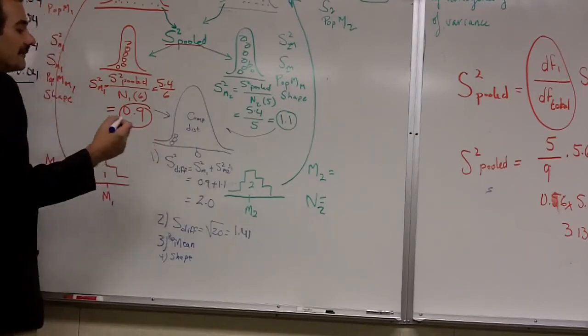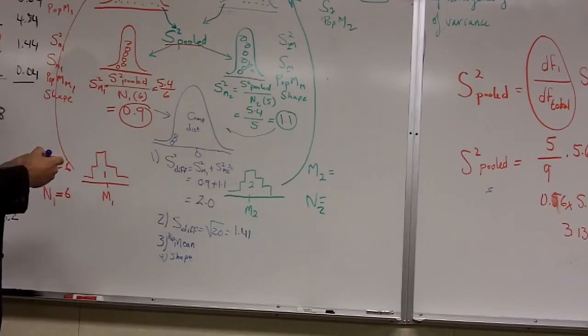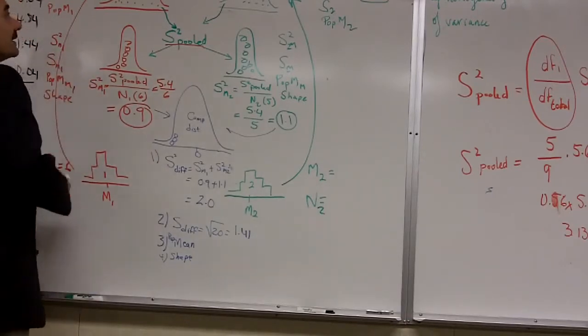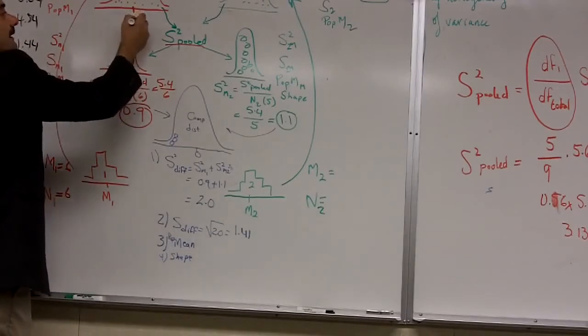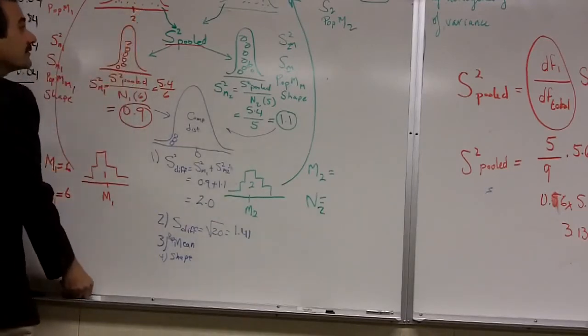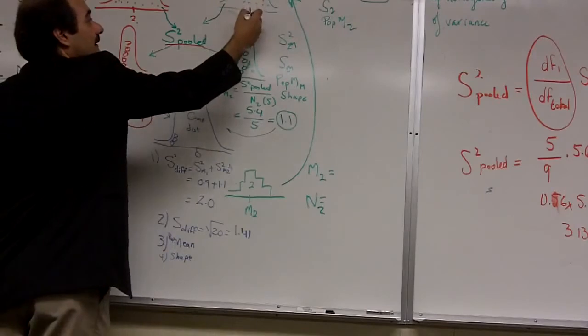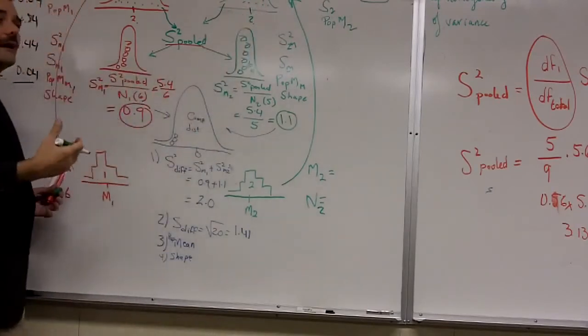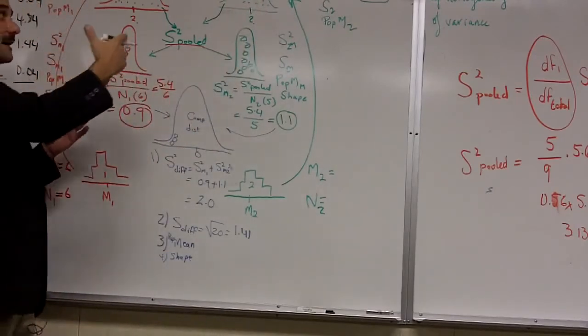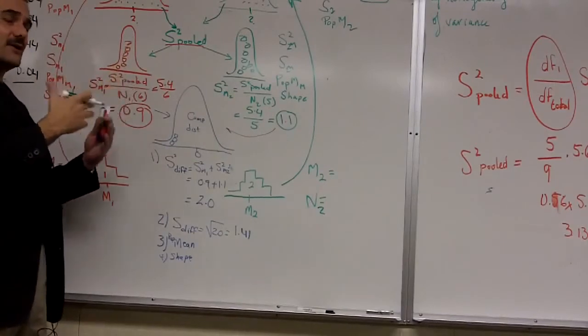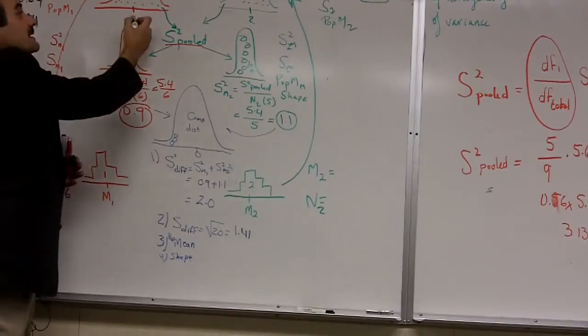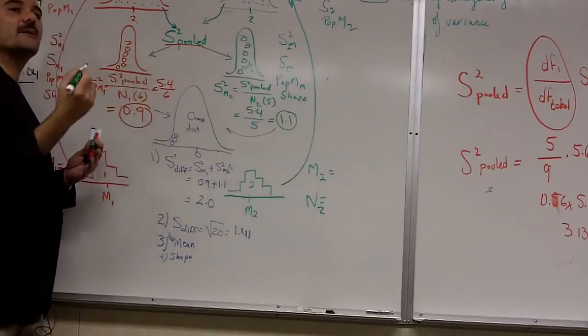How do you come to that? You come to that by the following. The mean of this distribution is something, we don't know what it is, and the mean of this distribution is something, and we don't know what it is. But under the null, if these were original populations and there were no differences between them, this question mark and this question mark have to be equal.